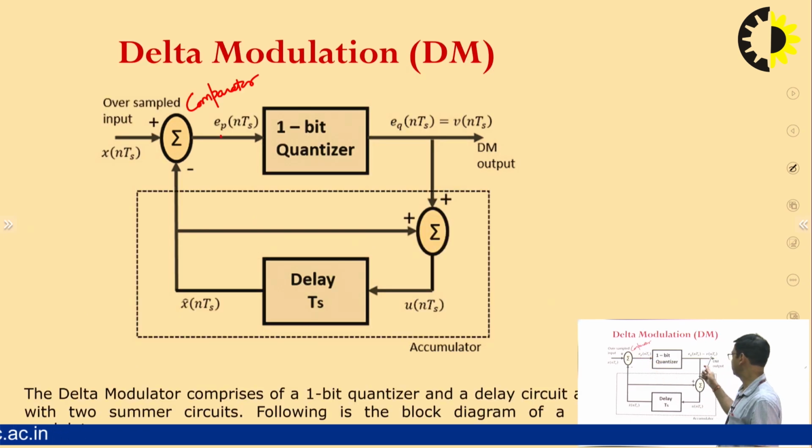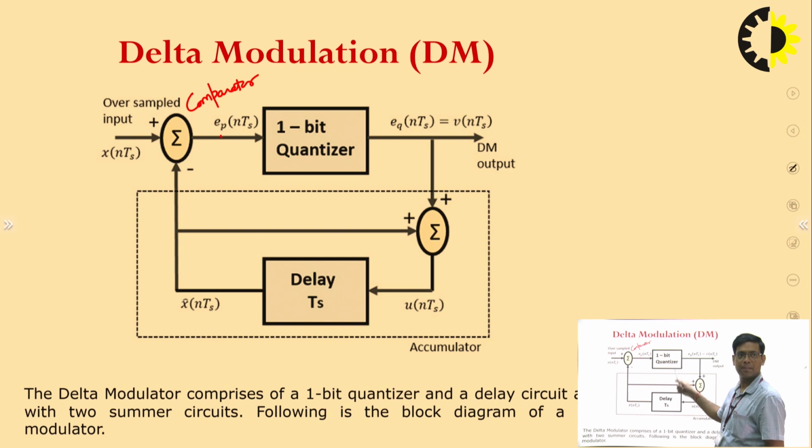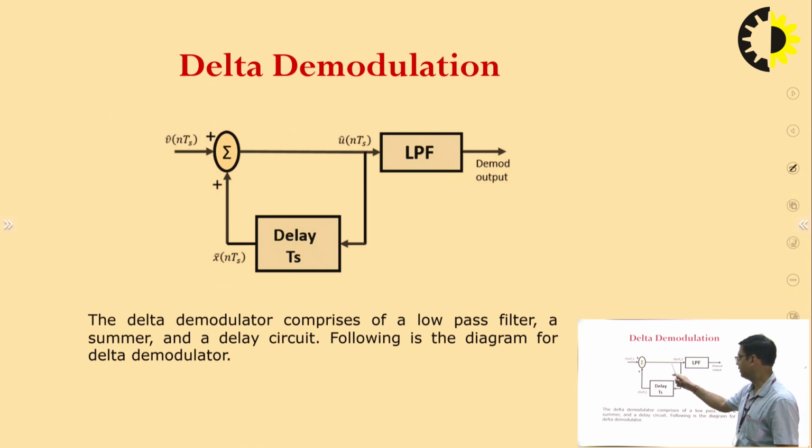This is a 1-bit information, and it is added to the delay value to get the message signal. When this reconstructed signal is passed through the low pass filter, then we get the proper demodulated output.